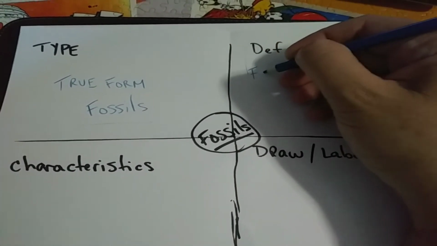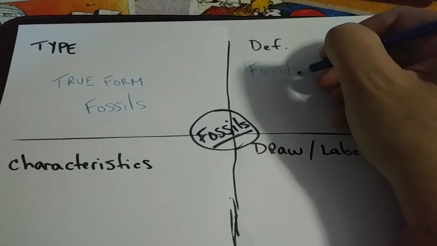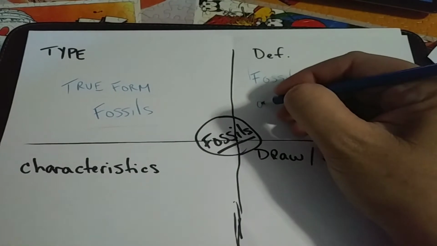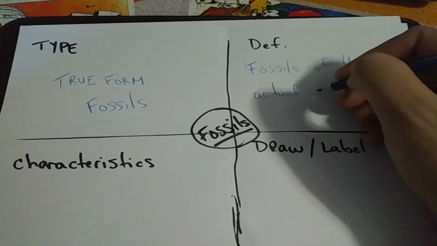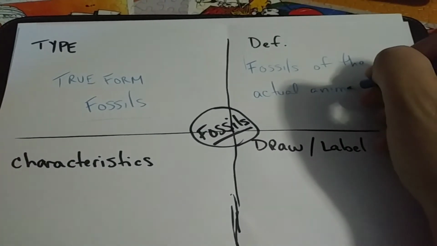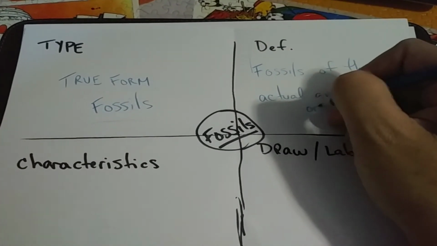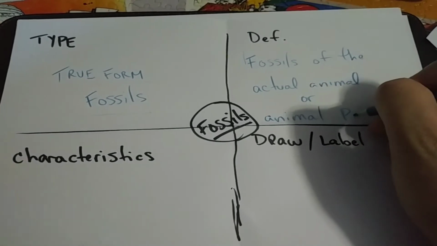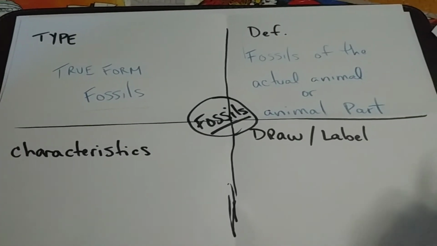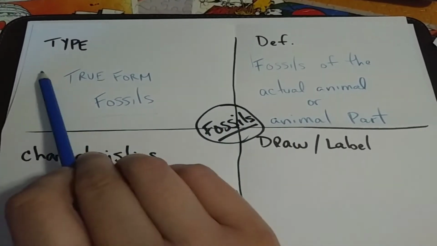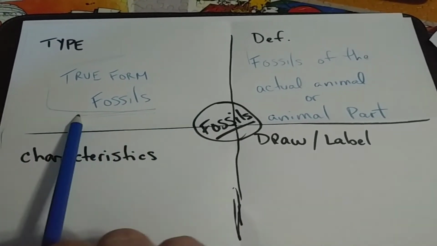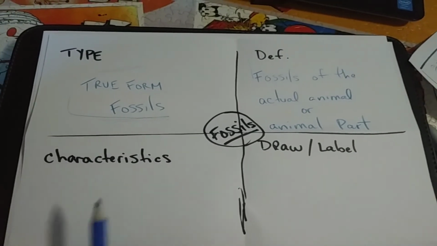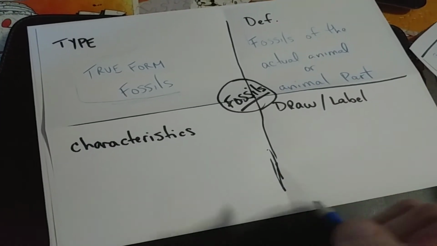So here we have fossils that are of the actual animal or animal part. Okay, so now we get our type, what we're looking at, the definition of that, and then some little characteristics that you can come up with in your lesson.